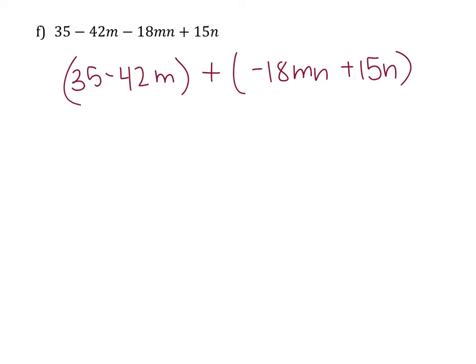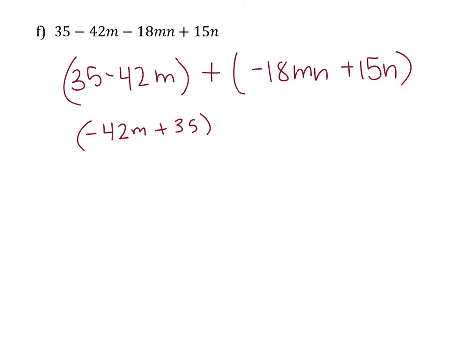I think actually it's a good idea to just flip it right away. There's a way to fix it in the end, but it's easy to get it out of the way right off the bat because I can already see 35 minus 42m. I have my variable in the second one, so I'm actually just going to flip this to be negative 42m plus 35.